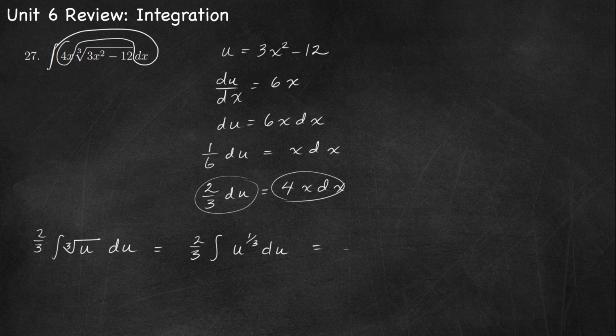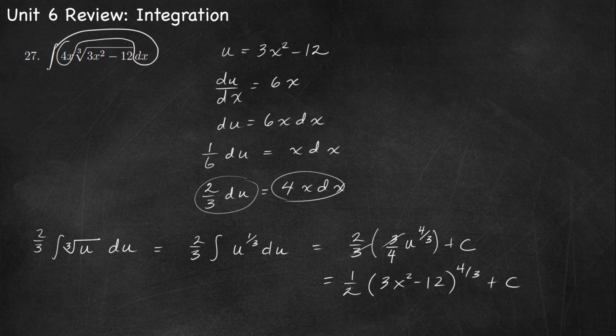So integrating that using the power rule, we get 2/3 times u to the 4/3 times 3/4 plus c. And we can simplify that. Our 3's cancel, and 2 over 4 reduces to 1 over 2. So 1/2 u, which is 3x squared minus 12, to the power 4/3 plus c.